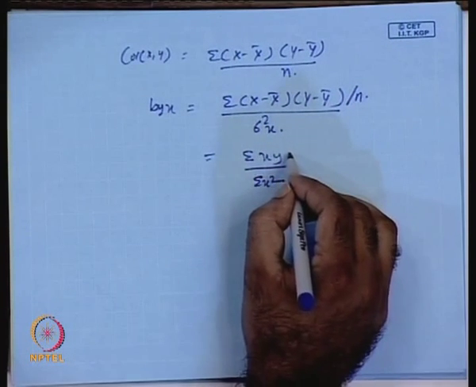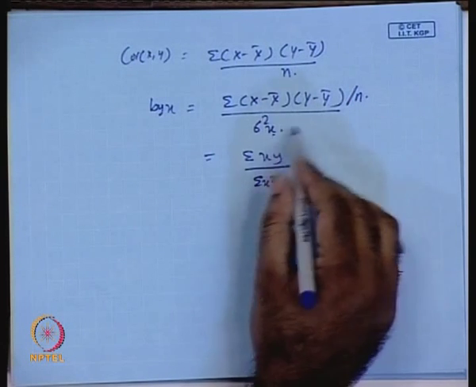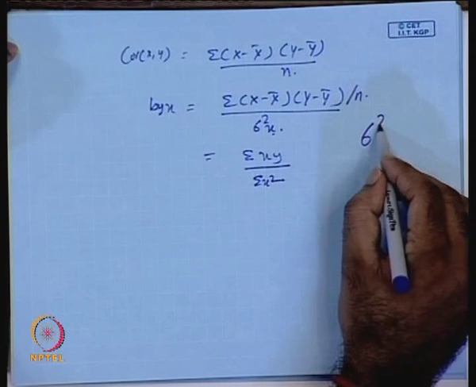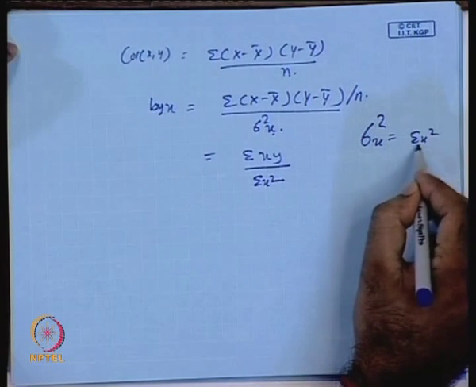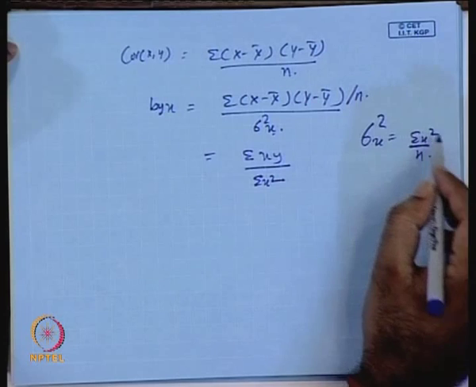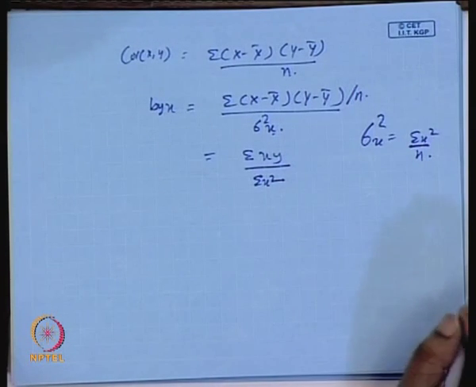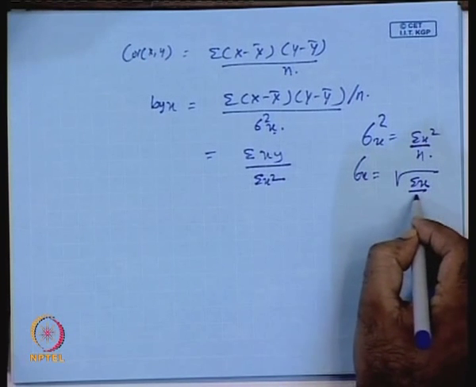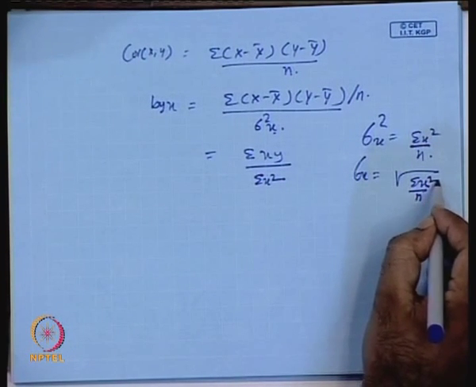So, obviously summation xy by n cancels. At the moment you take sigma square, because sigma square is equal to summation x square by n. That means the variance of x is nothing but summation x square by n.